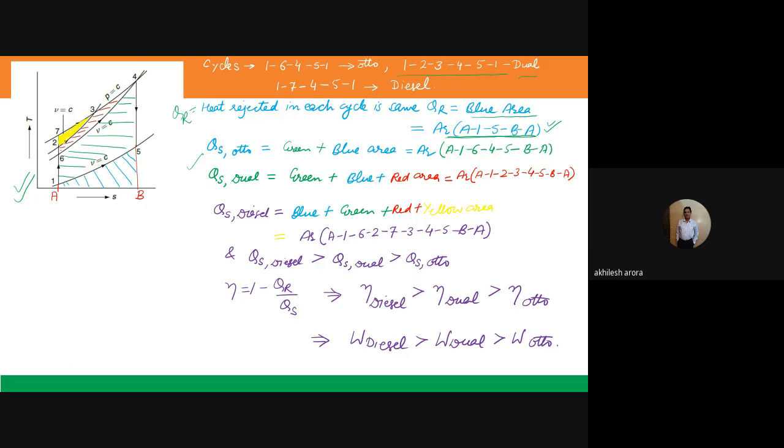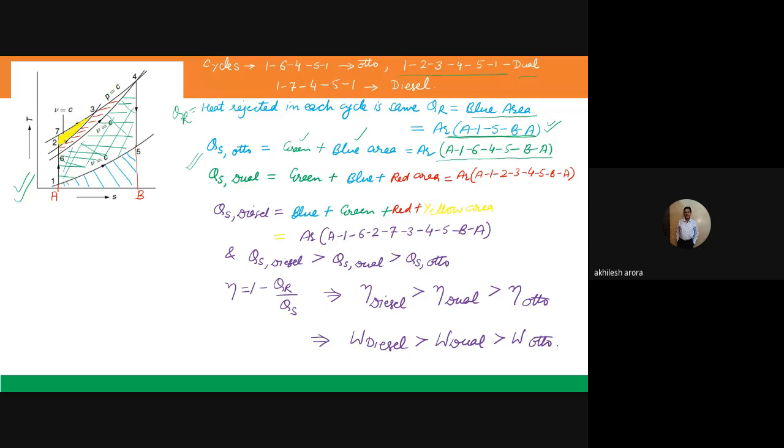Then I go for the Otto cycle heat supply, and what I can see is it's just the green area plus the blue area, which is the area A1645BA. You can just see it carefully. So this whole area and the blue area under it is the heat supplied in the Otto cycle.